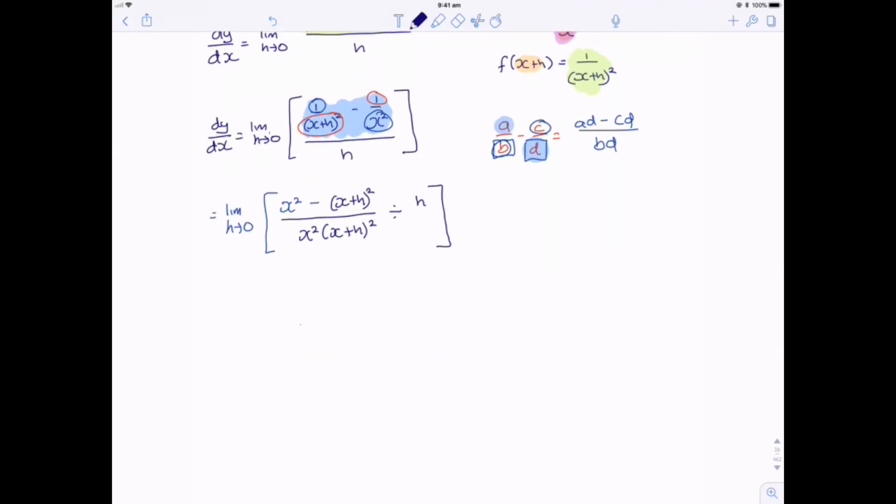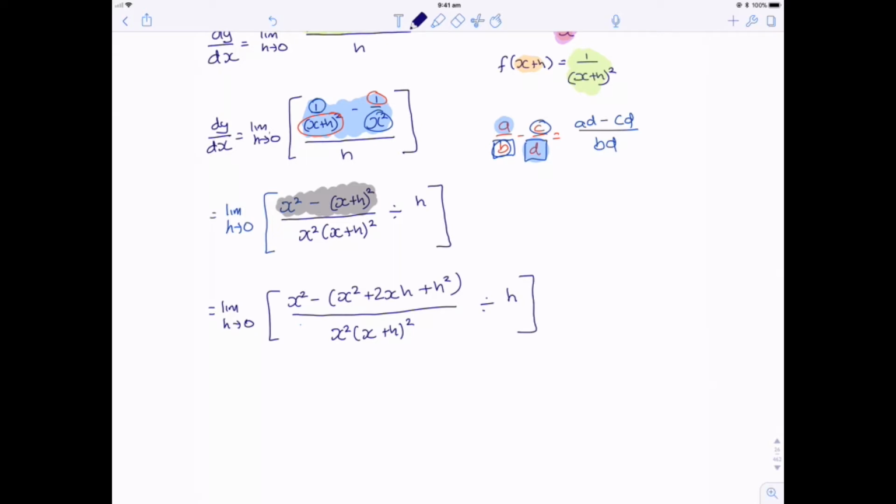Okay, so let us expand the numerator of this and simplify. So our derivative as h approaches 0 is x squared minus, and if we expand this brackets we get x squared plus 2xh plus h squared, all over x squared times x plus h squared, and remember the whole thing is divided by h.